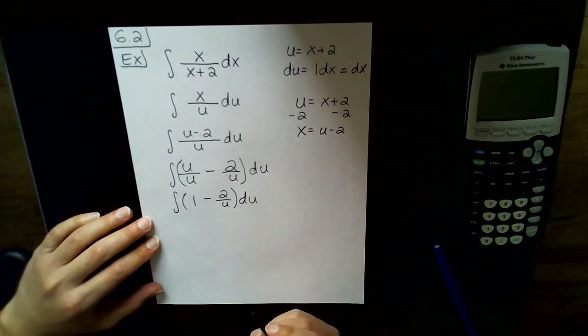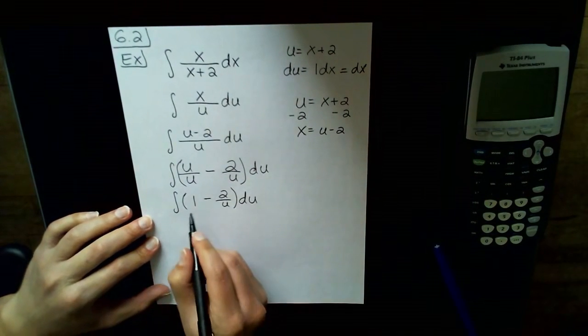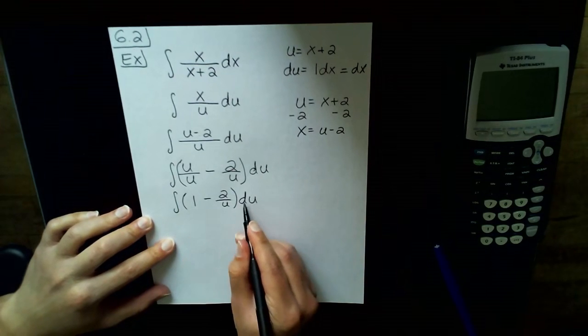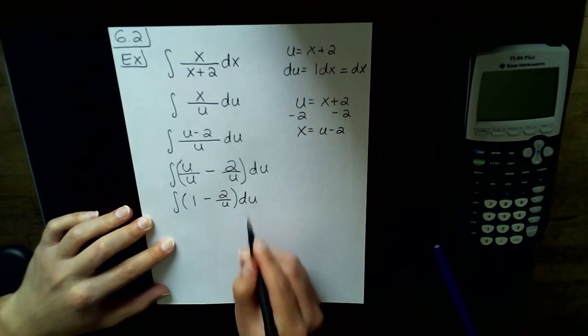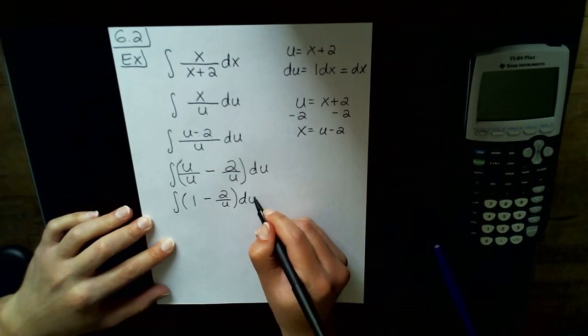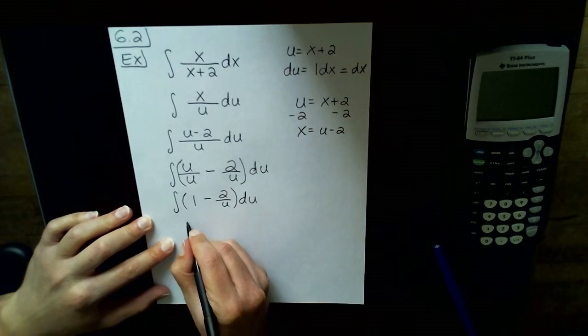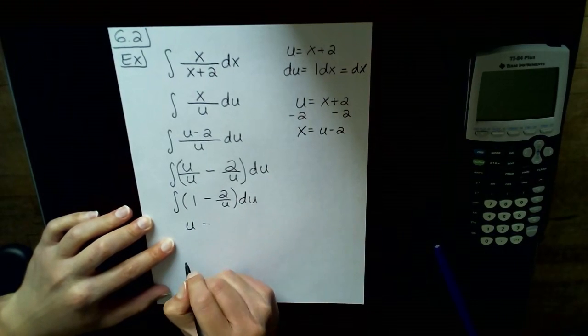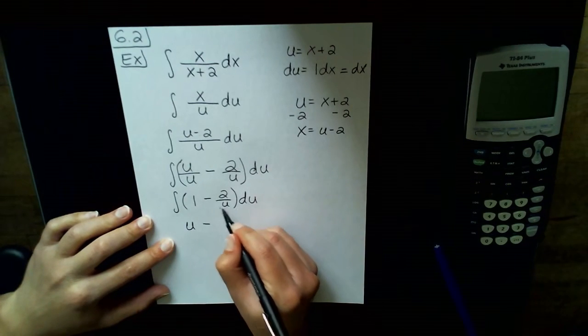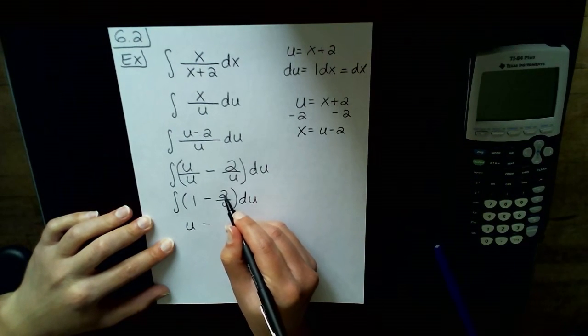And we can now take our antiderivative. The antiderivative of 1 is just the variable that we're working with, u. It's tempting to say x, but remember our variable is now u. So we get u minus the antiderivative of 2 over u. Might not seem apparent right away, but think about if it were 1 over u.